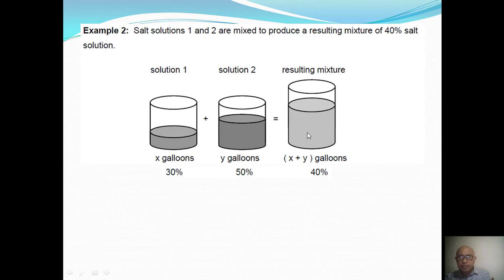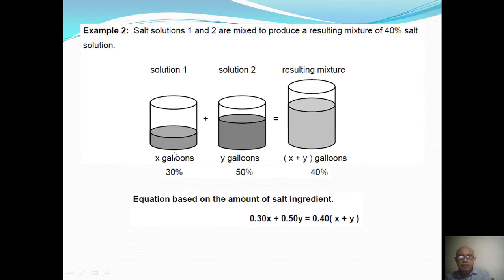Then, of course, the total volume here is X plus Y, because we mix this, and the concentration is 40%. So take note, these are salt amounts. And we can simply form the equation using the principle that the salt here plus the salt here is equal to the amount of salt in the result. So we have that 0.3 of X plus 0.5 of Y is equal to 0.4 of X plus Y.